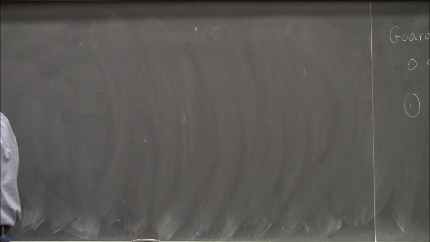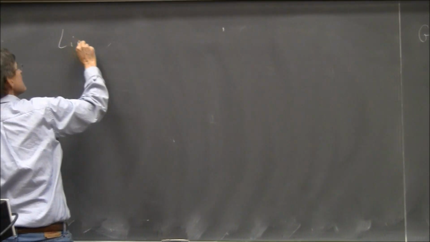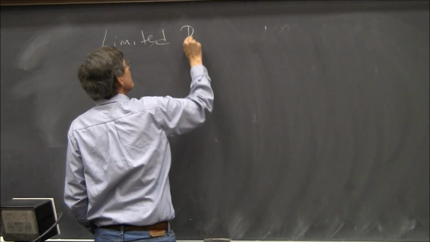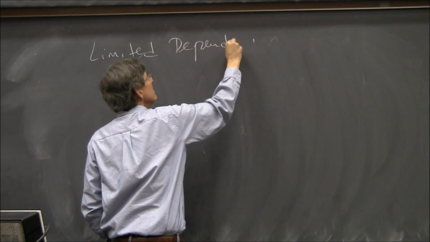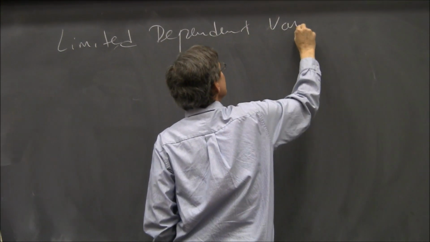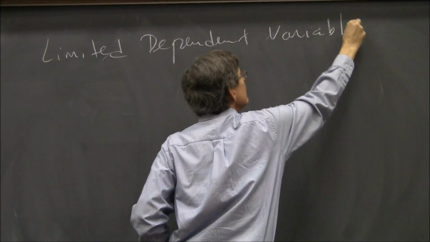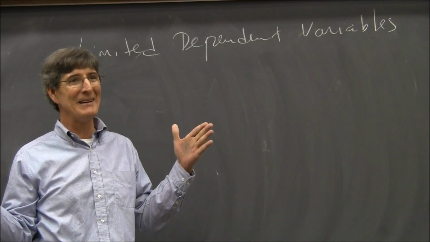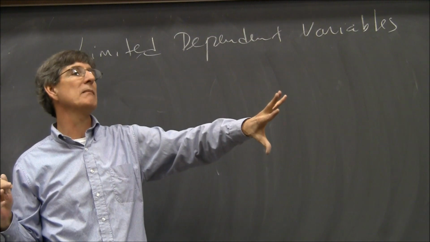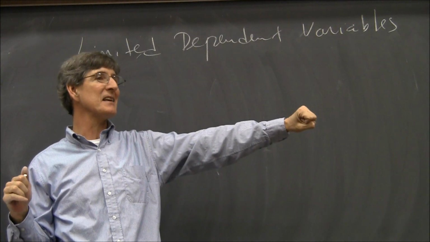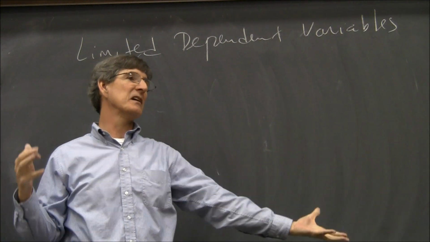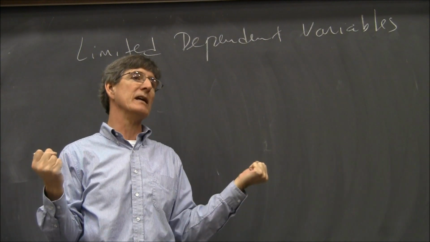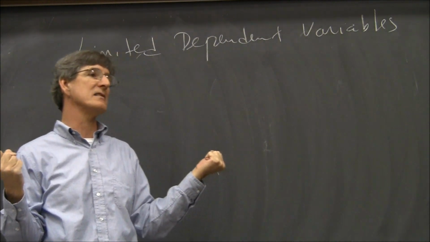This is just a problem of limited dependent variables. So what do we mean by that? In some cases, the 0, 1 case would be a limited dependent variable. But in the last case, we're really mostly worried about discrete left-hand side variables, when it was 0 or 1 mostly.